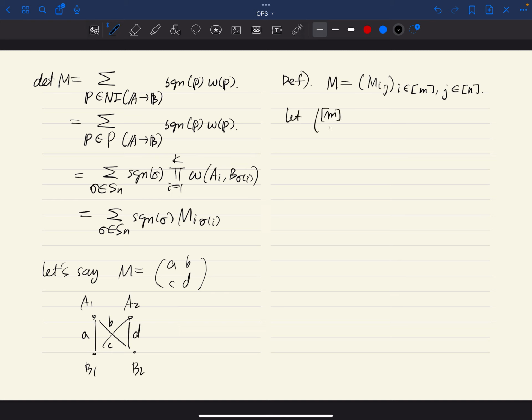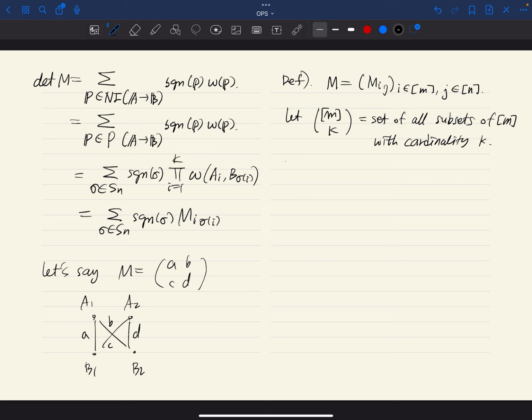[m] choose k. This is a set, where k is a nonnegative integer. This means the set of all subsets of [m] with cardinality k. That's notation in mathematics.